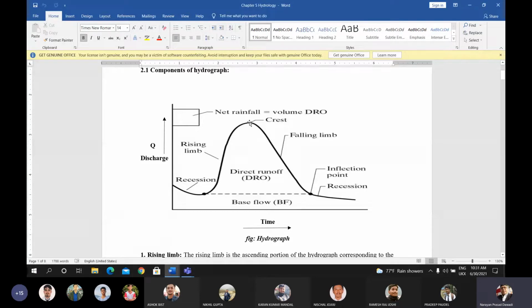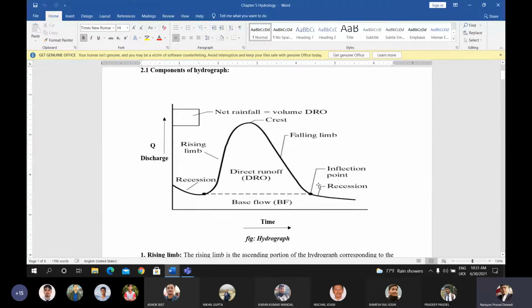After the stopping of the rainfall, the contribution of water reaching the river slows down, and the discharge is ultimately reduced up to the inflection point, which is the falling limb. Below this, the contribution is considered as the base flow.